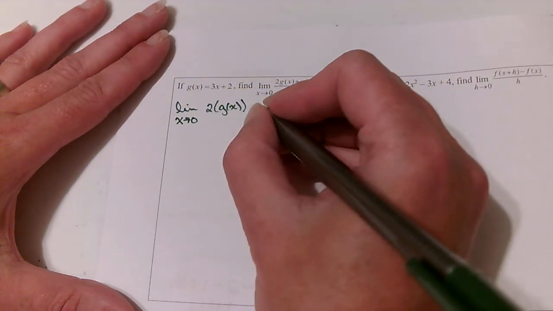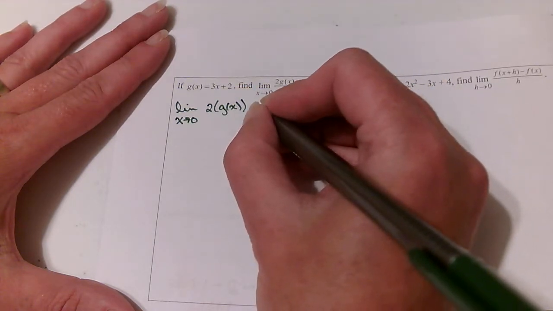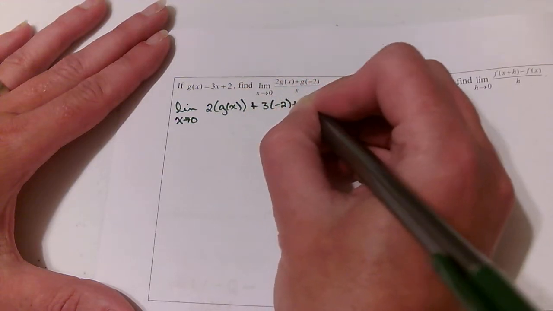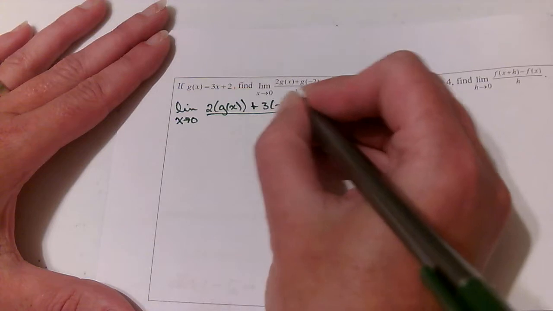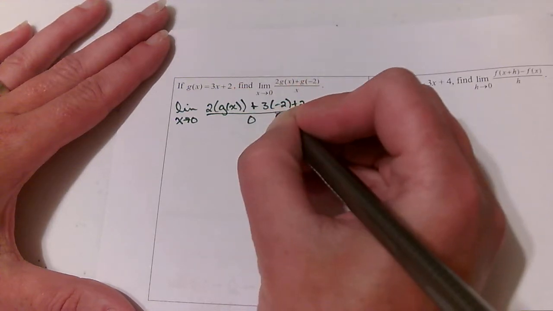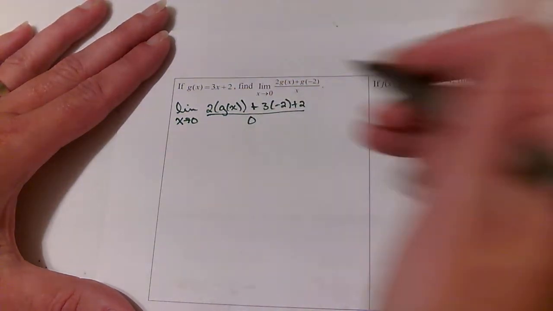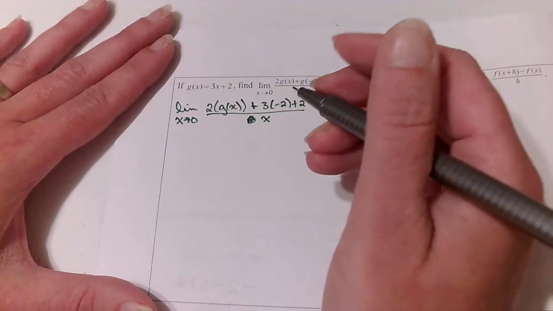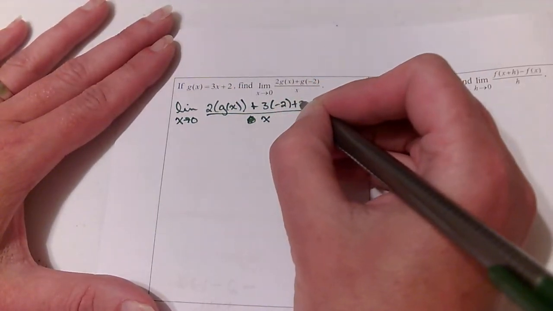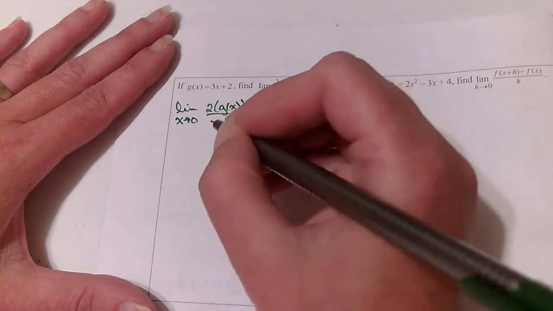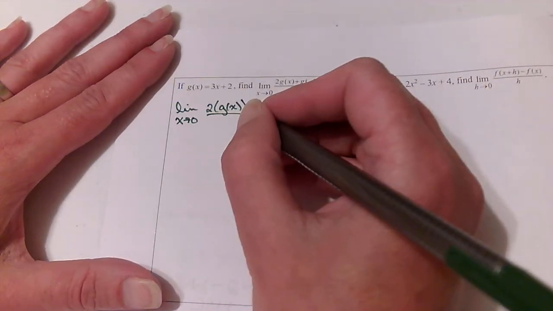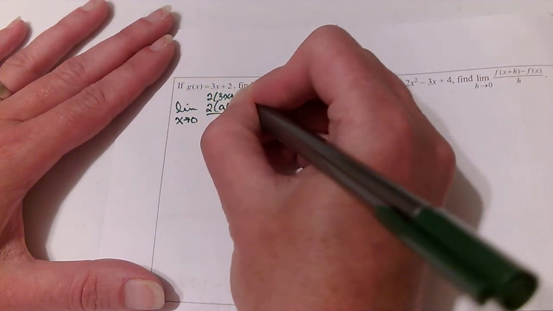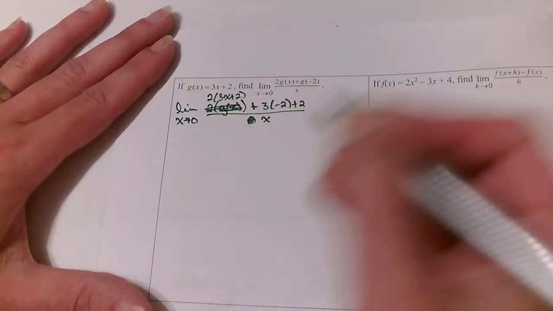G of -2 would be plus 3 times -2 plus 2 over 0. Oh wait, let's not let it go there yet. We're not letting x be 0 yet. I'm sorry, that was 2 times 3x plus 2. That works.